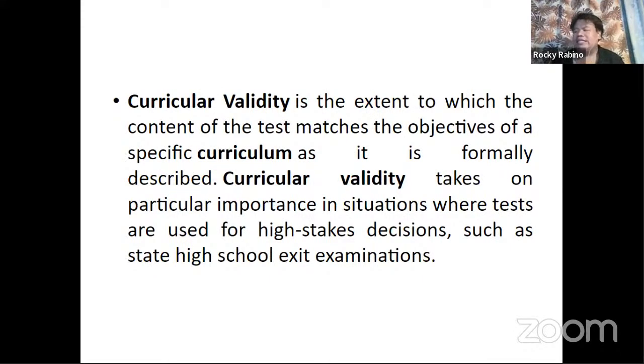Curricular validity is the extent to which the content of the test matches the objectives of the specific curriculum as it is formally described. Curricular validity takes on particular importance in situations where tests are used for high-stakes decisions, such as state high school exit examinations. So that is curricular validity.